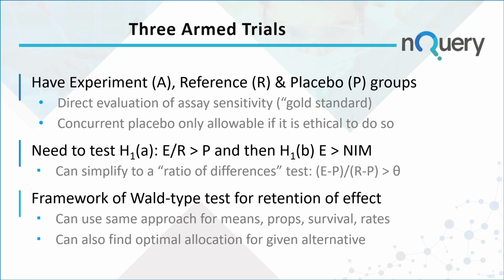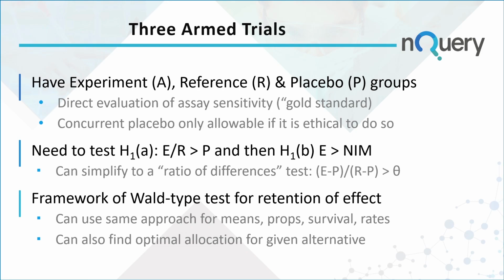But one thing that's been shown by some of the theoretical work in this area is that you can simplify this down to really a test of the ratio of differences. So the difference between experimental and placebo, or E minus P, divided by the reference versus placebo.